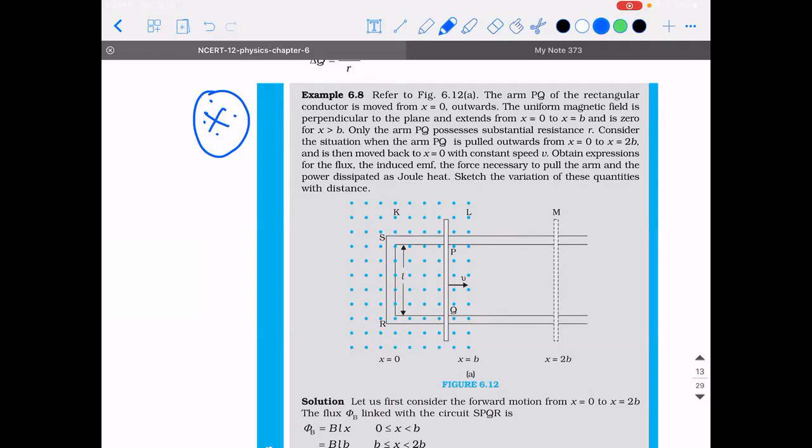Obtain expressions for the flux, the induced EMF, the force necessary to pull the arm, and the power dissipated as joule heat. Sketch the variation of these quantities with distance.